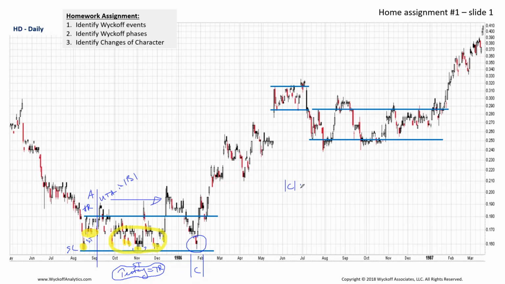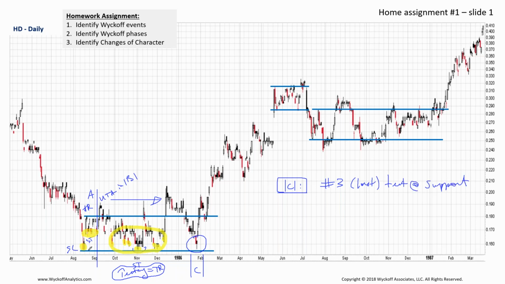I'm going to show you the slide, and a couple of other slides that we have to cover first, on how we could identify phase C. This is going to be one of the major shortcuts that I'm going to give you guys. So phase C is going to be associated with the number 3 or last test at the level of the support.